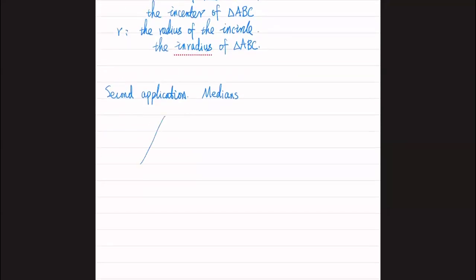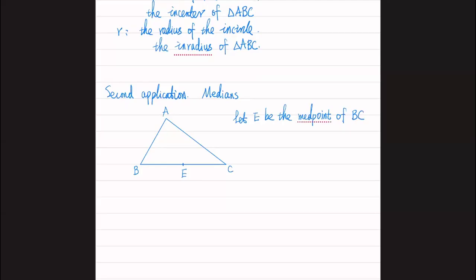Given a triangle ABC, if we pick a midpoint E of the side BC, then we connect AE. This segment is called the median.